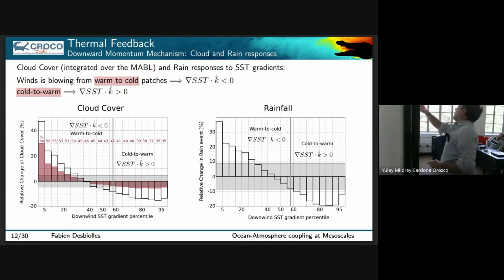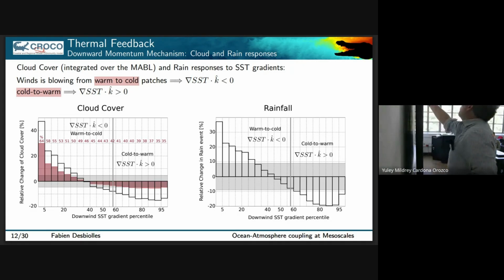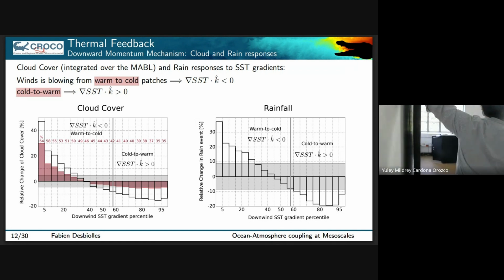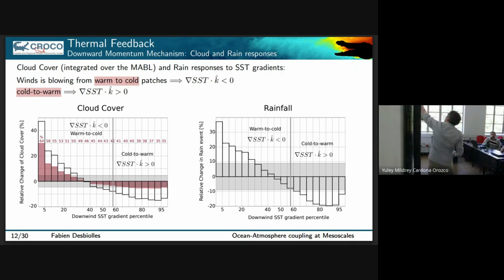So this is my SST gradient percentile, okay? This is my maximum front to the warm side, and my maximum front to the cold side is there. And what we see, still over the Mediterranean, on the left is the relative change in cloud cover, and on the right is the relative change in rain events.